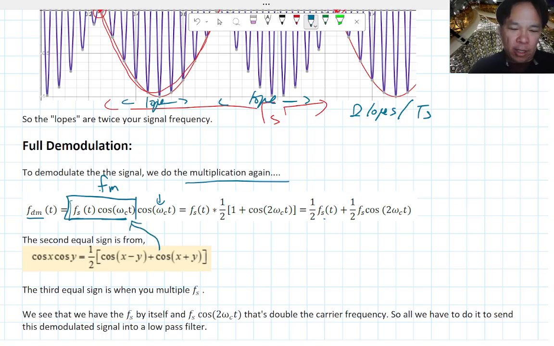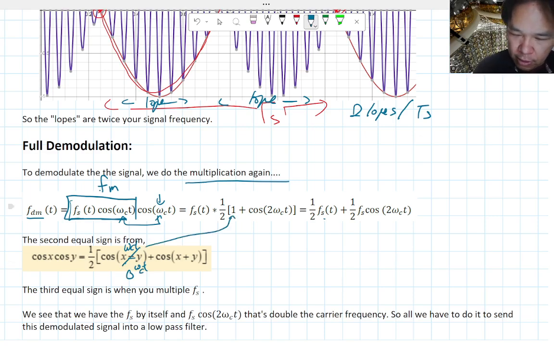In this case, the two things that you're multiplying together are cosine omega_c t times cosine omega_c t, which is actually cosine squared omega_c t. But you just use this identity here. The two arguments here are the same, so x is omega_c t, and y is also omega_c t. Therefore, this first term here is 0, and cosine of 0 always gives you 1.